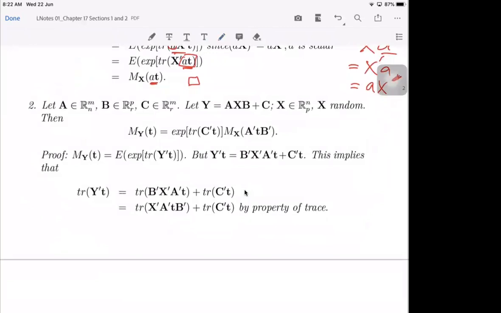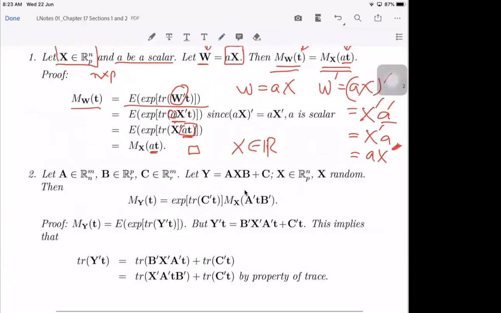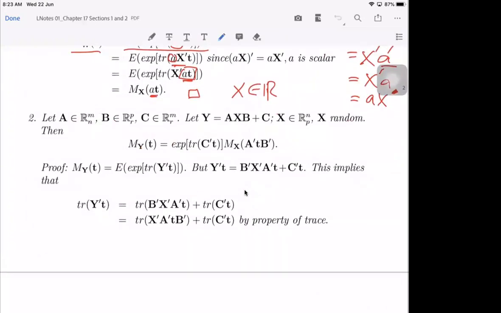Next, the next transformation on our x. Again, x is an element of R^(n by p), so this is an n by p matrix.